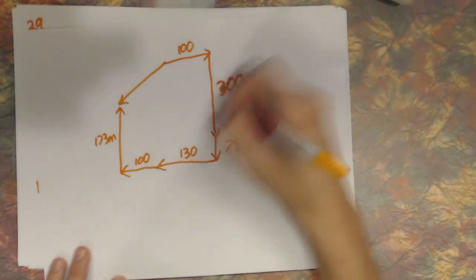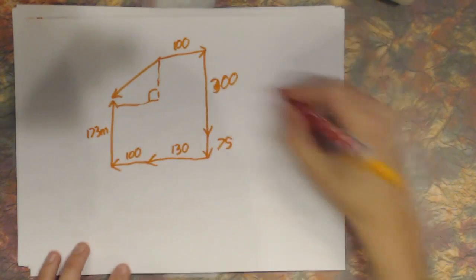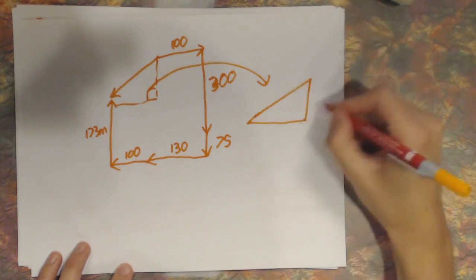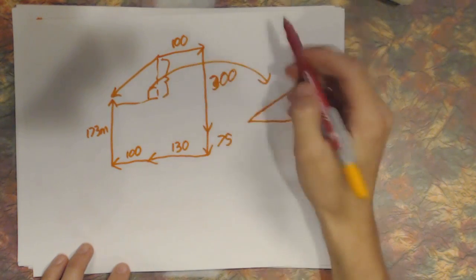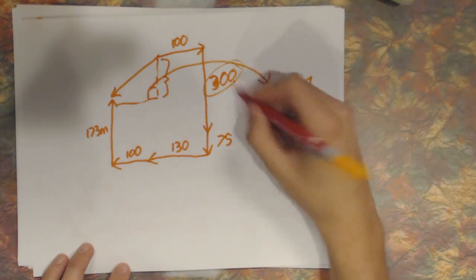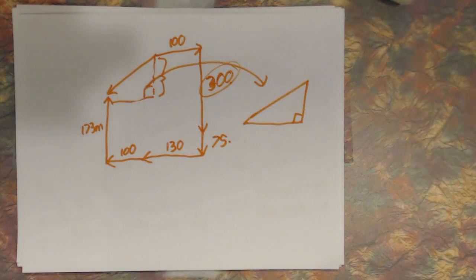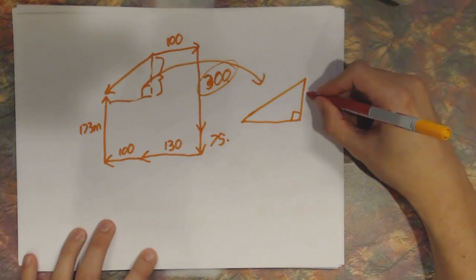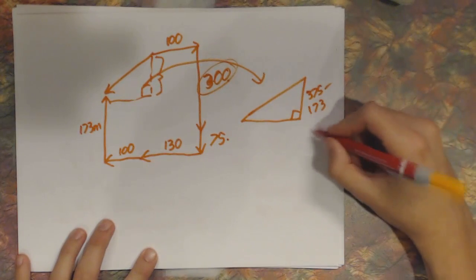So now that we've got it into a big quadrilateral, we can make a little triangle of just what we need. So we're going to pull this triangle out. And we're going to figure out this distance first, which is going to be this 300 meters minus this, oh sorry, this plus this minus this. So we have 375, so this is going to be 375 minus 173, which should give you 202.